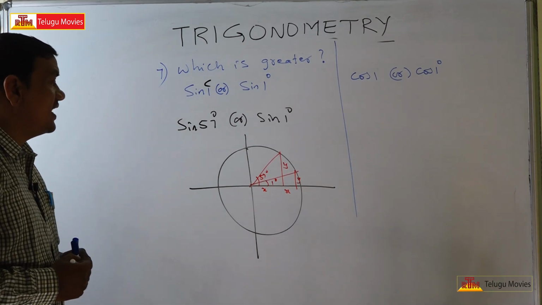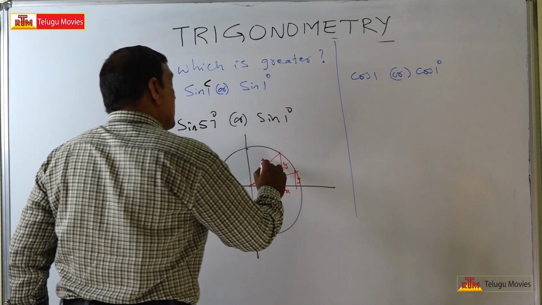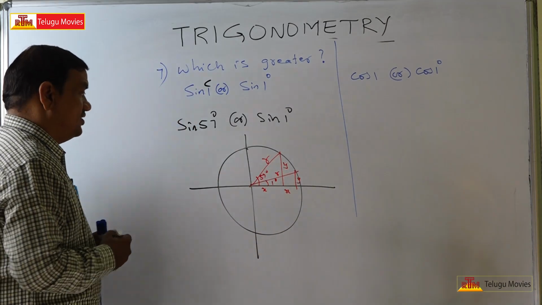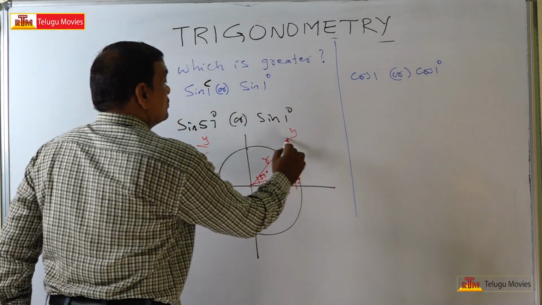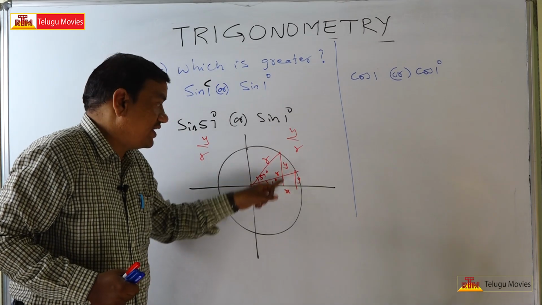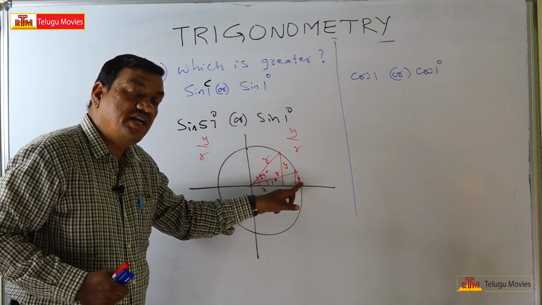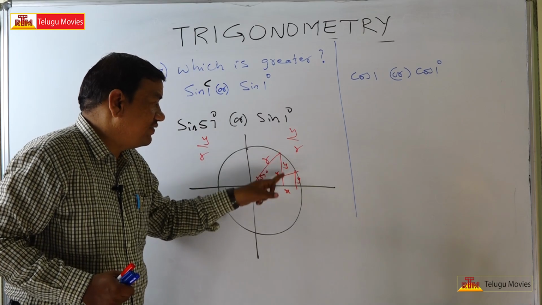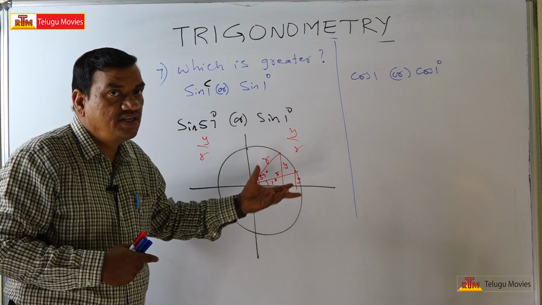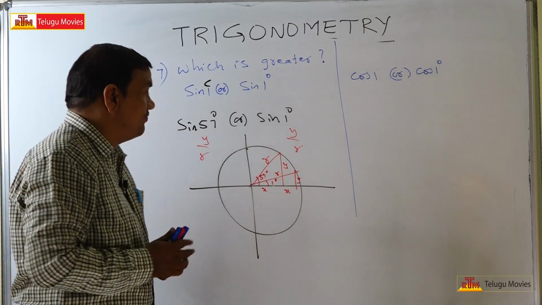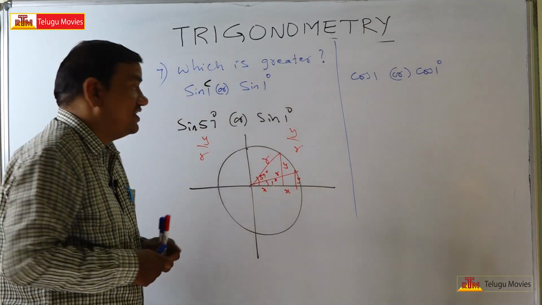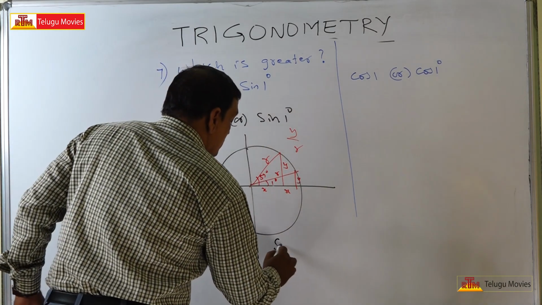So for sine 57, the ratio is y by r, and this is also y by r. Observe here, the 57 degree opposite side is y. The 1 degree opposite side is this. Which is greater? See clearly, the 57 degree opposite side is greater. Therefore sine 57 is greater than sine 1 degree.